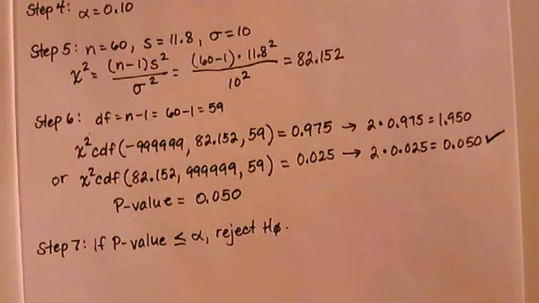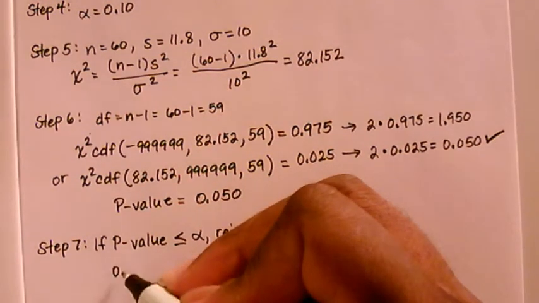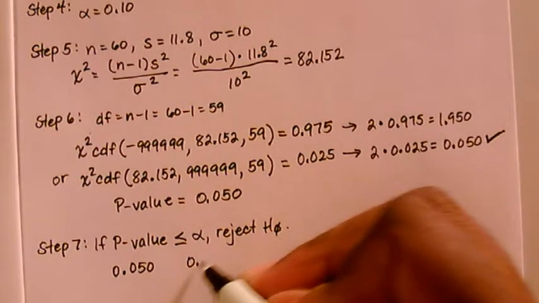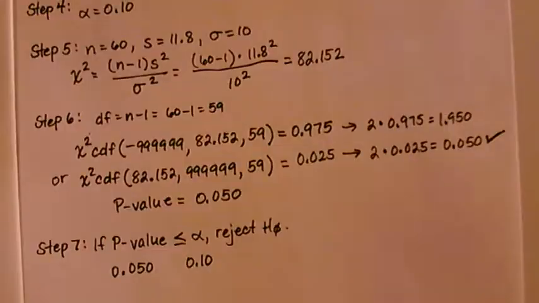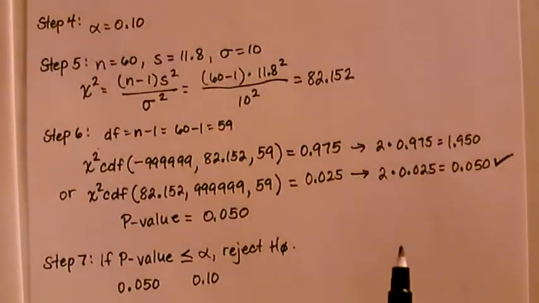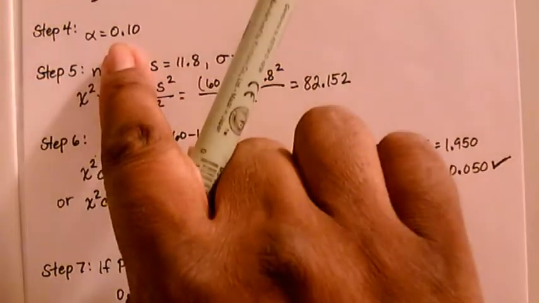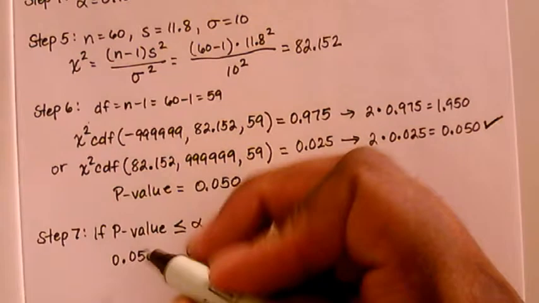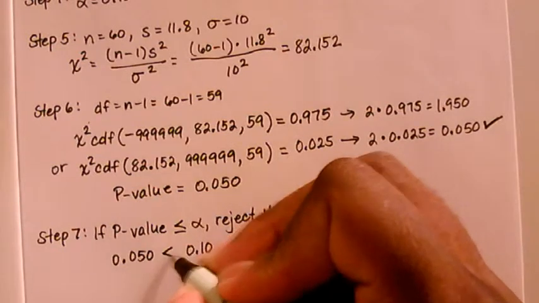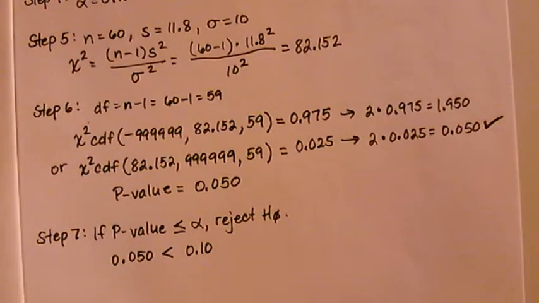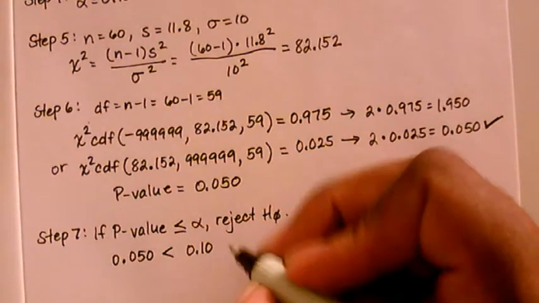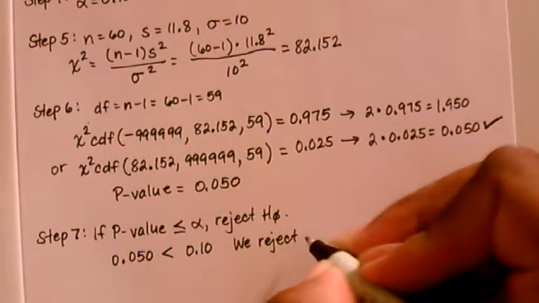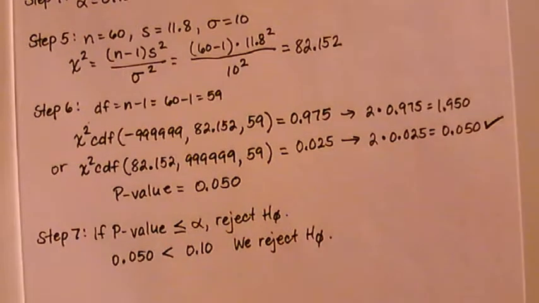In this case, the p-value was 0.050, and the alpha level was 0.10 from step number 4, if you recall. Compare those two, and you'll see that your p-value of 0.050 is less than 0.10. That satisfies the decision rule, so we can reject the null hypothesis.